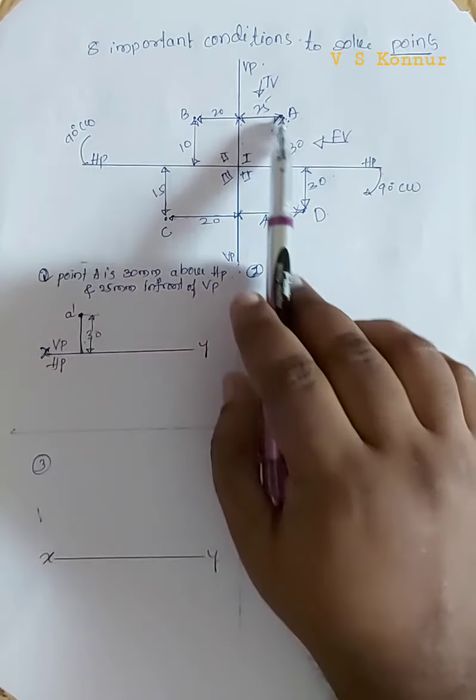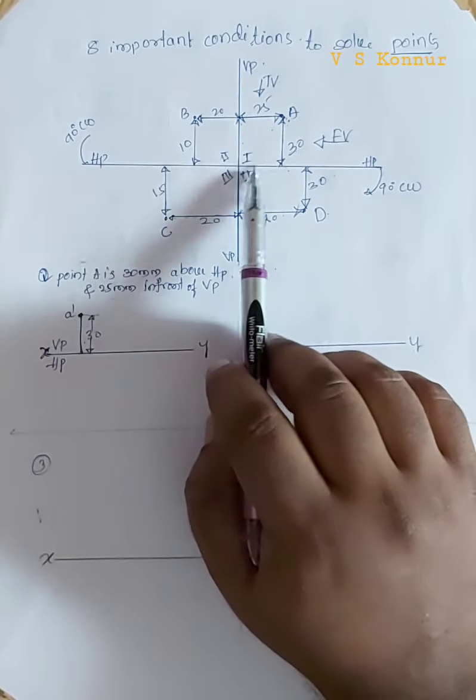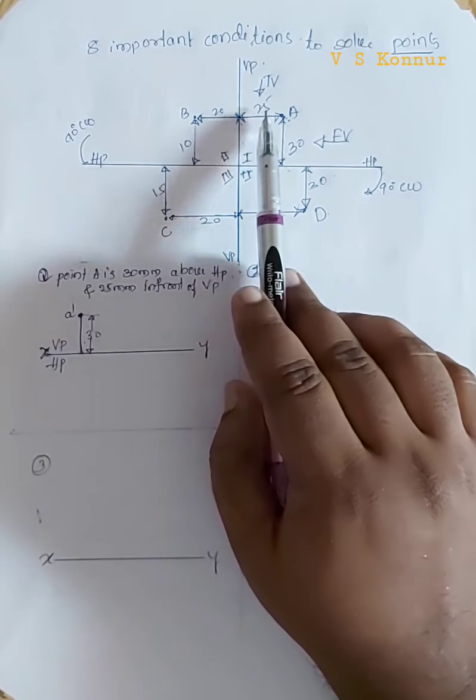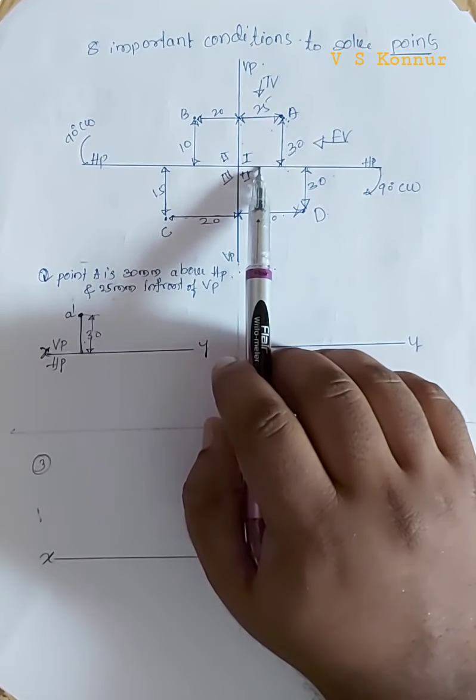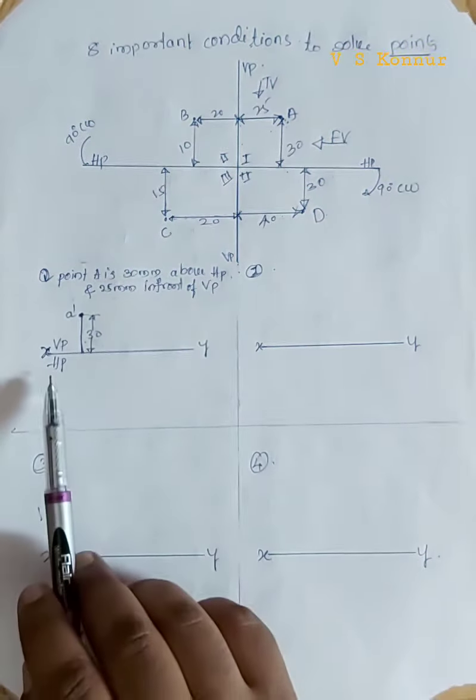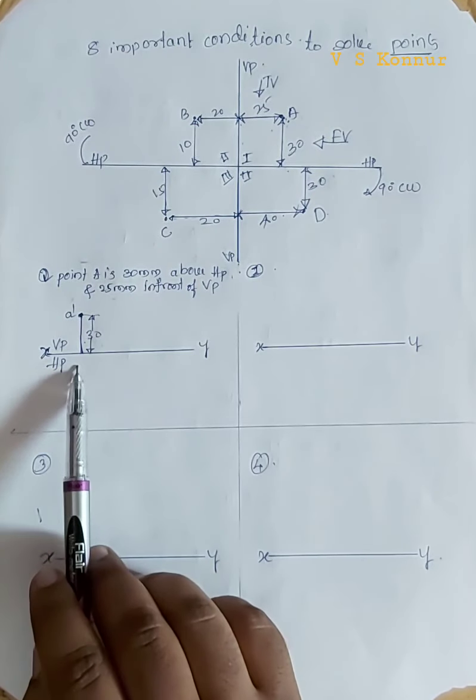Now, from the top view, 25 mm will be projecting on the horizontal plane. This is your horizontal plane below the XY line in the first quadrant.